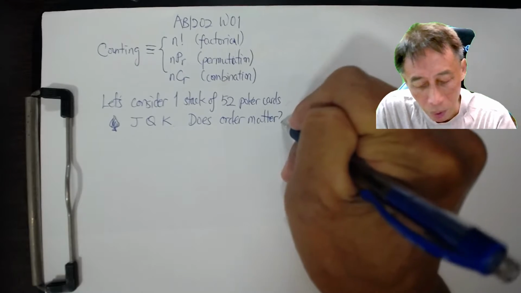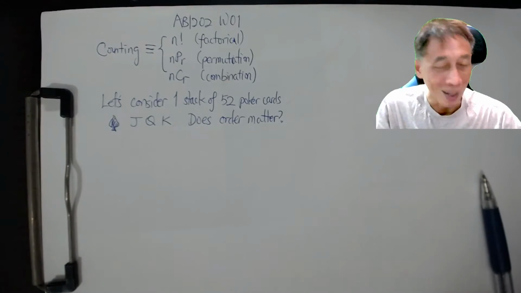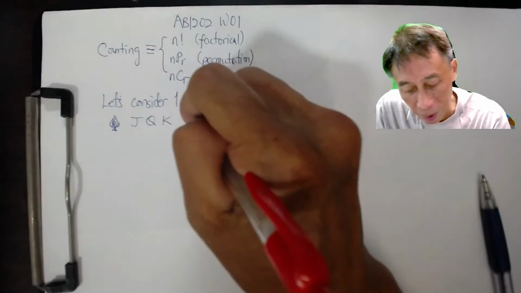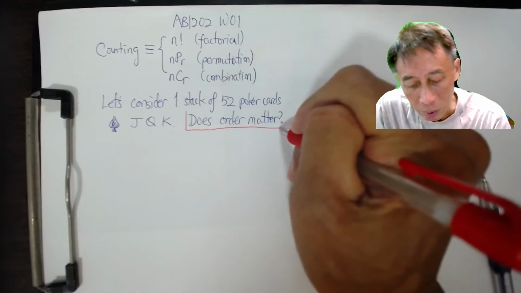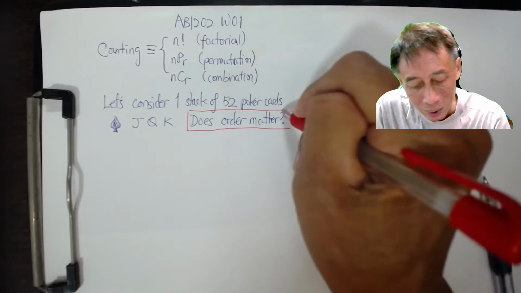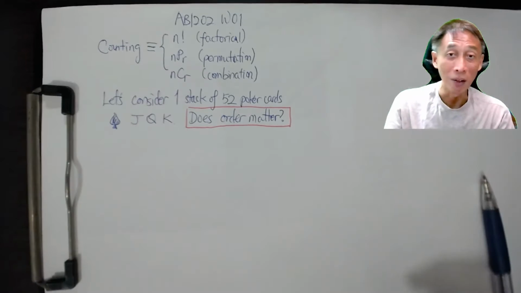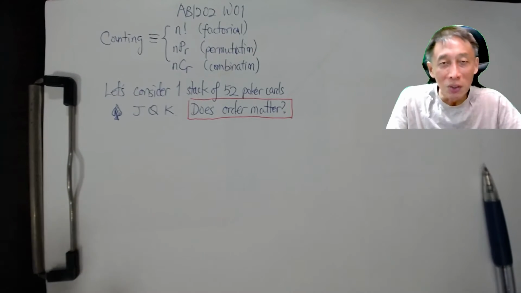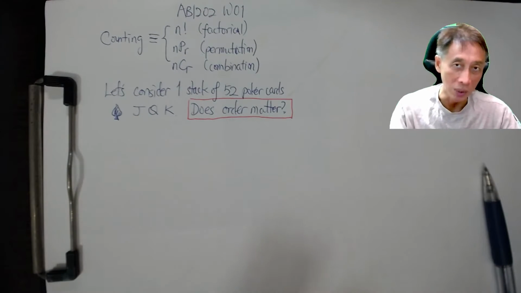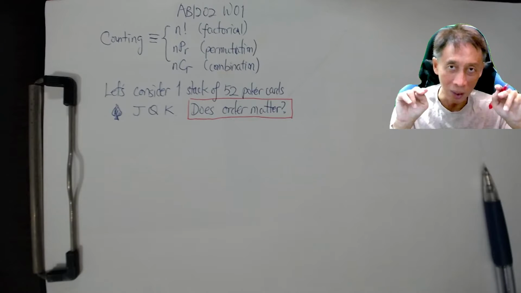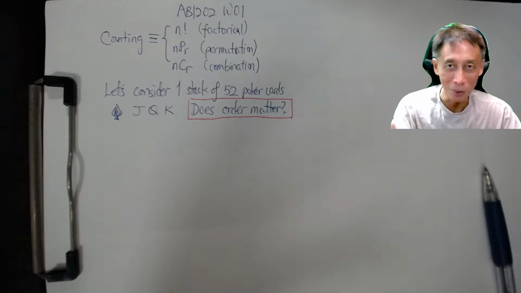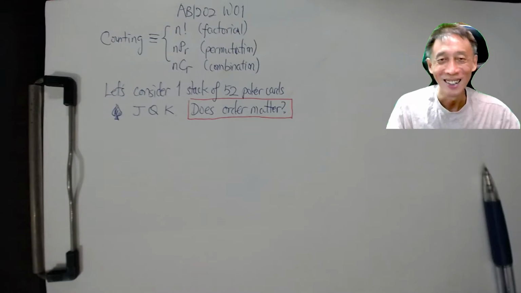This is the most important question you must ask yourself, because sometimes the test question doesn't put this in explicit form. By right, it should, but sometimes they make it harder or expect you to be able to understand common sense, right? Or you should be able to know that the order matters or the order doesn't matter, right?